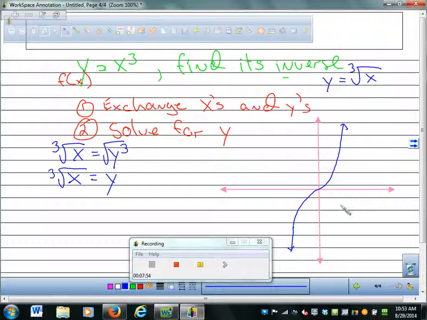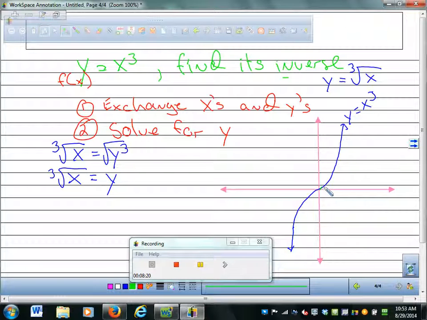Anyone know what y equals the cube root of x looks like? It kind of goes up also, but as you plug in bigger numbers, it doesn't go up as fast as x cubed. So it kind of looks like this, except it goes slower.